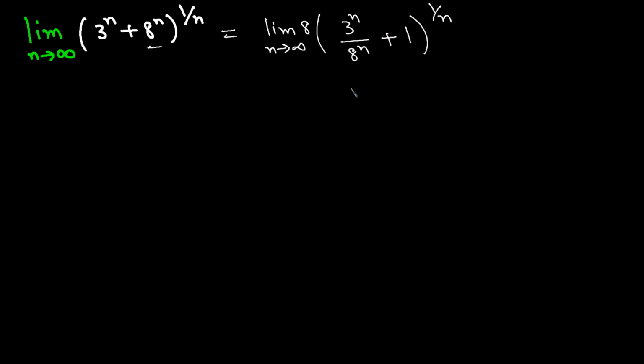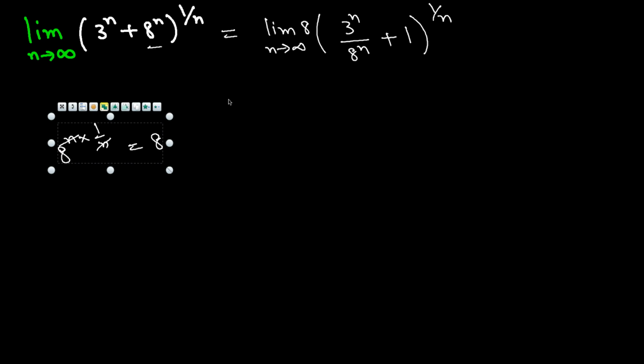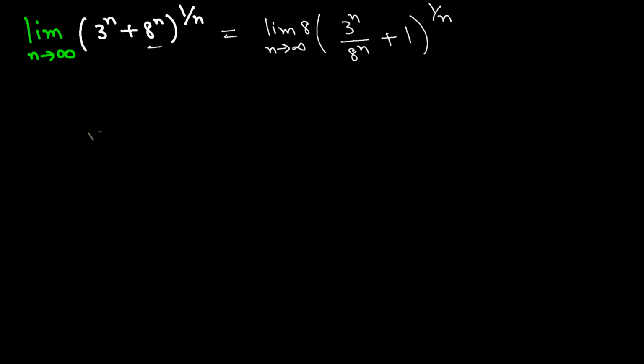You may be wondering why it is not 8 raised to the power n, why it's only 8. Because we have the nth root on top of it. So 8 raised to the power n times 1 over n is 8. So when it comes out, it will be just 8.